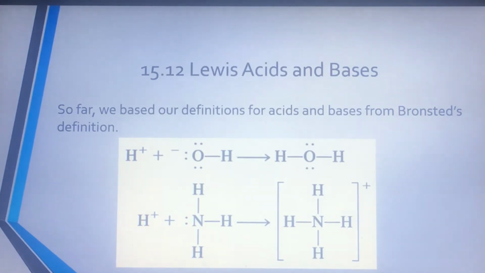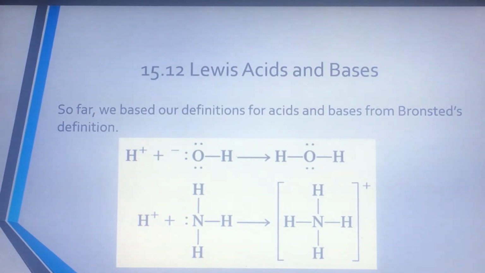Before we proceed with the Lewis acid, let's have this again. H plus, when this reacts with OH minus, the OH minus accepts the proton, so it will be H2O. This means that OH minus is called a Brønsted base.